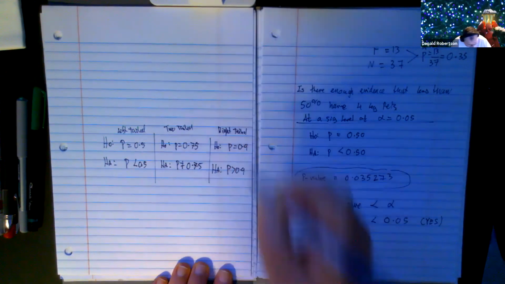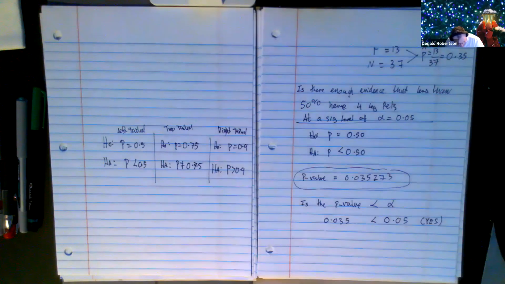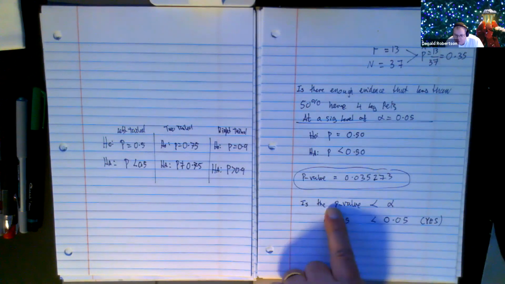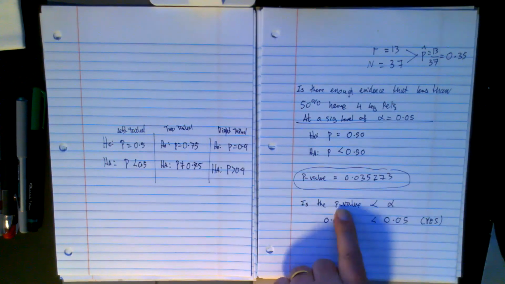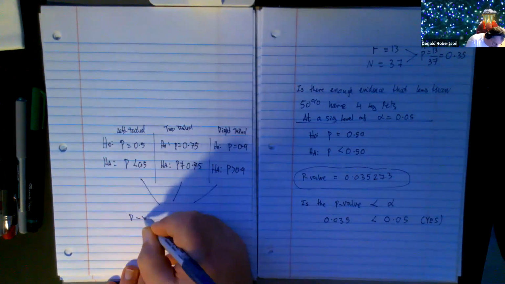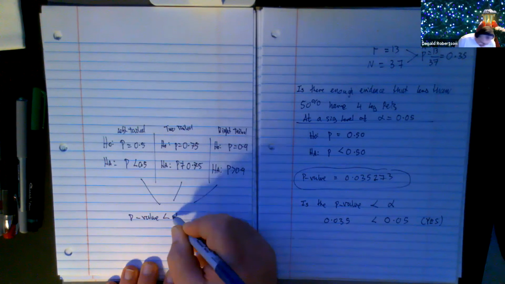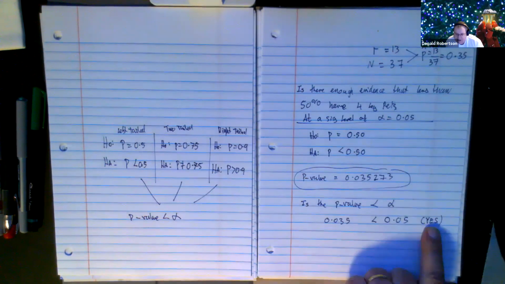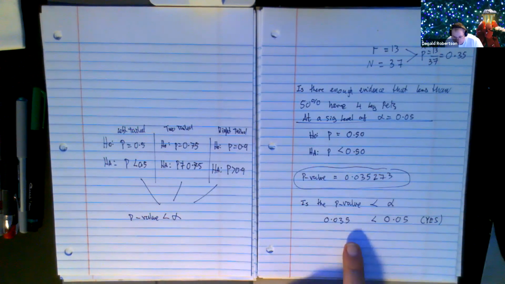Now, in every single one of those situations, it's still p-value less than alpha. The test in every one of these is still the p-value less than alpha. And it's just as likely to be yes, it is, as it is to be no, it's not.